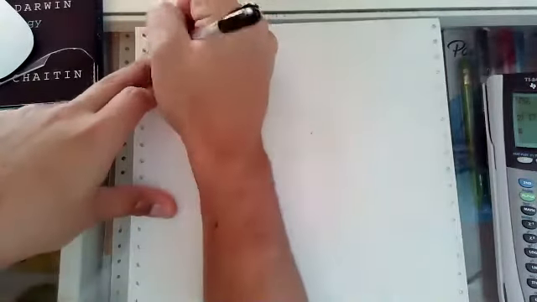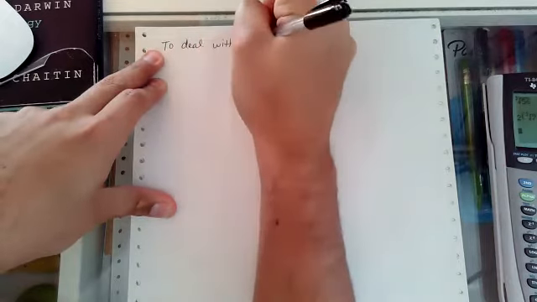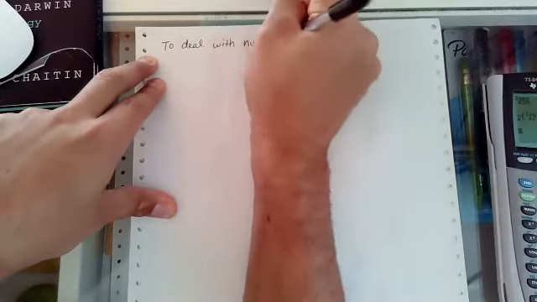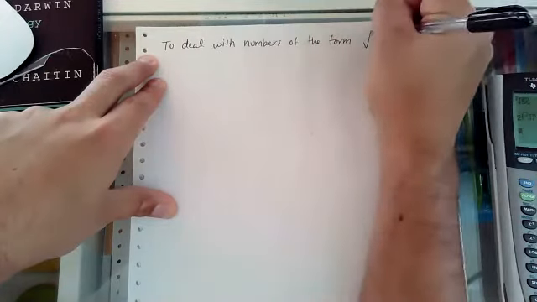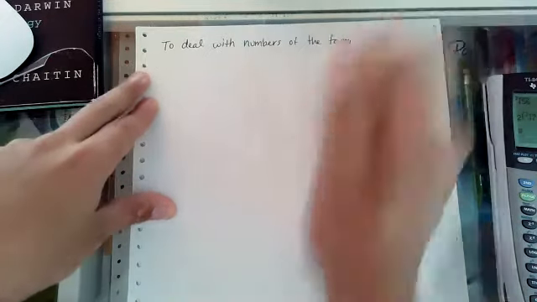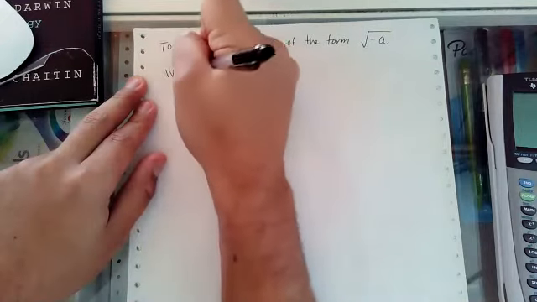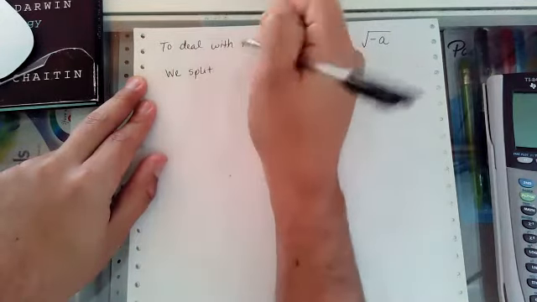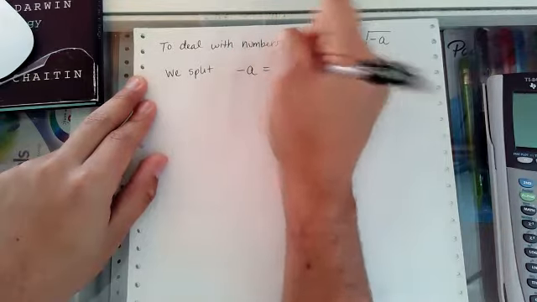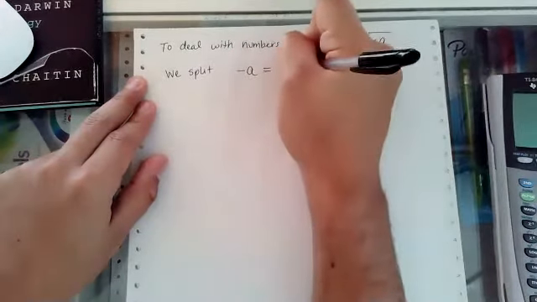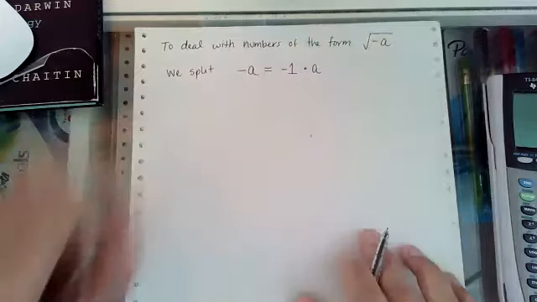So to deal with numbers of the form the square root of -a, what we can do is we split -a into -1 times a.